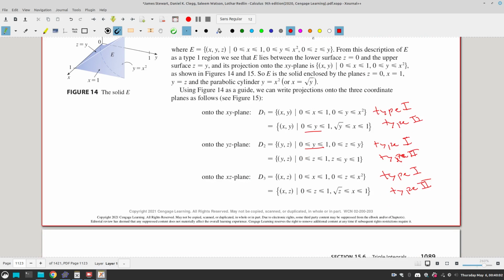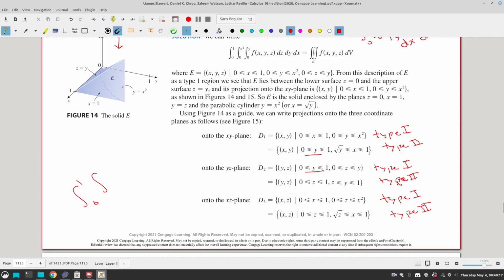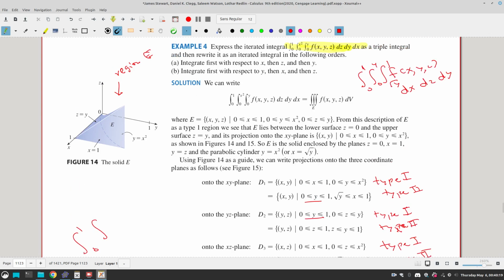So one way you could do this is 0 to 1, then x and then z, f of x, y, z, dy, dx, dz. So z has to be between 0 and 1.